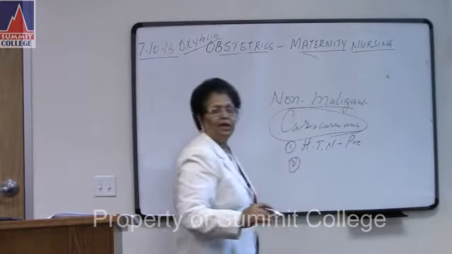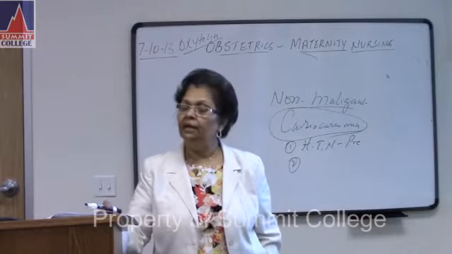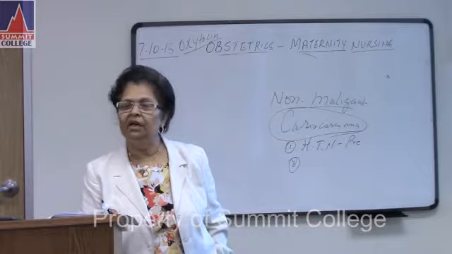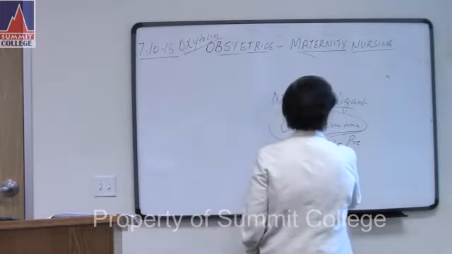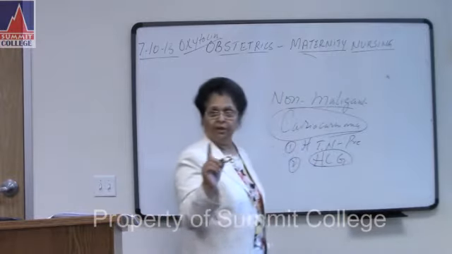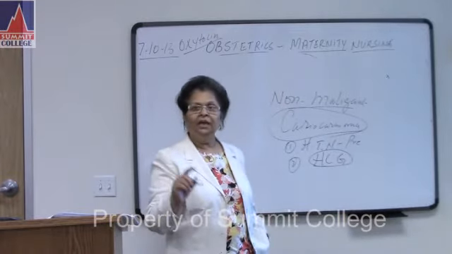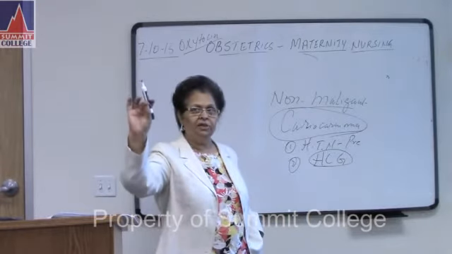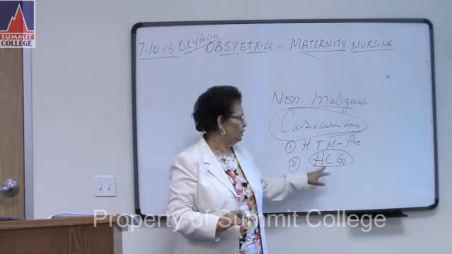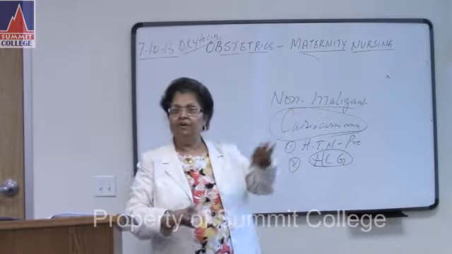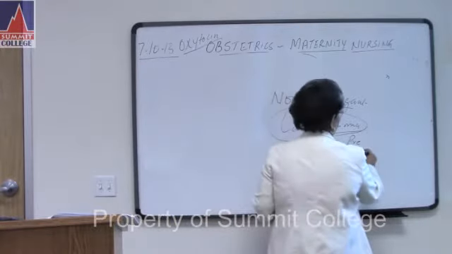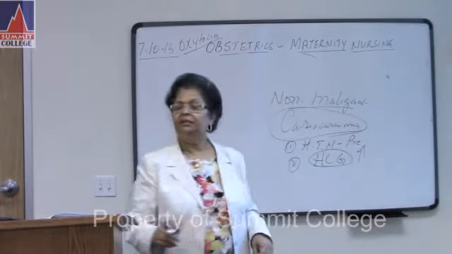Number two, in the second line, very important: the HCG level is increasing. In your question, three things are very important. Number one, grape-like cluster. Second, remember you're monitoring for choriocarcinoma. Third is the HCG level. Throughout the pregnancy and after, you'll be monitoring, and the HCG level is high.